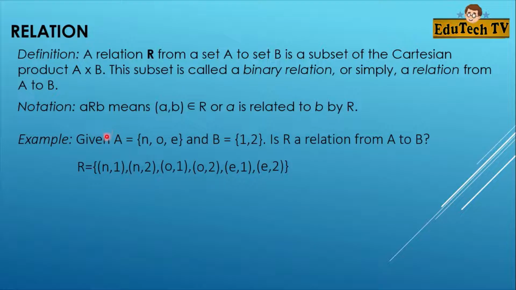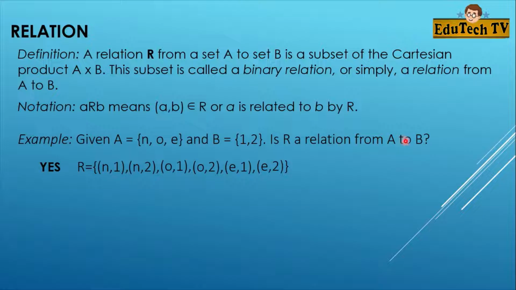We have from A to B, N first going to 1, so N1 is correct. We have also N2, O1, O2, E1, and then E2.